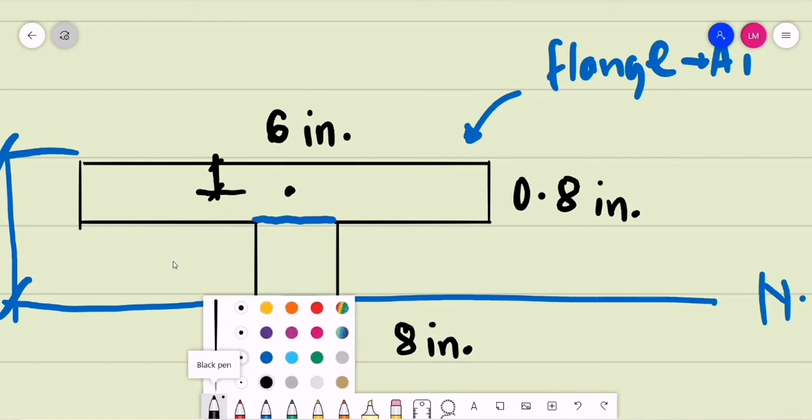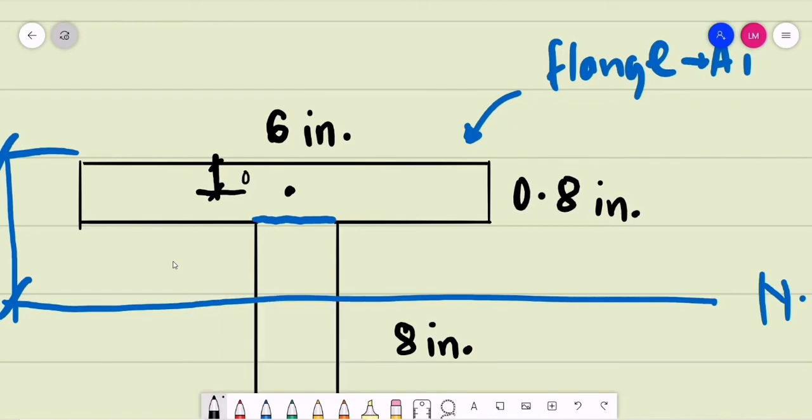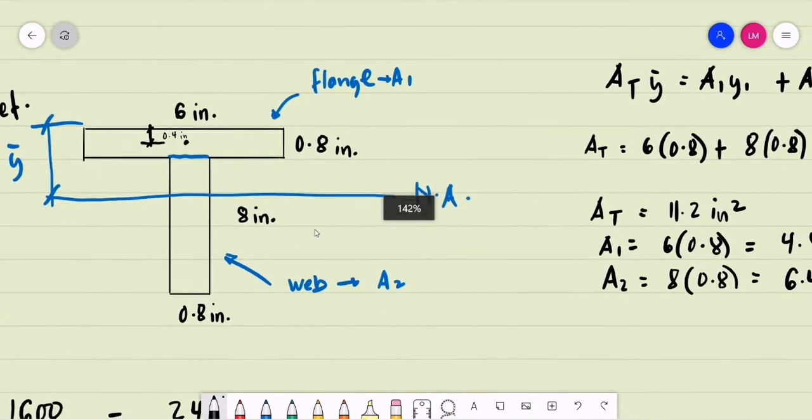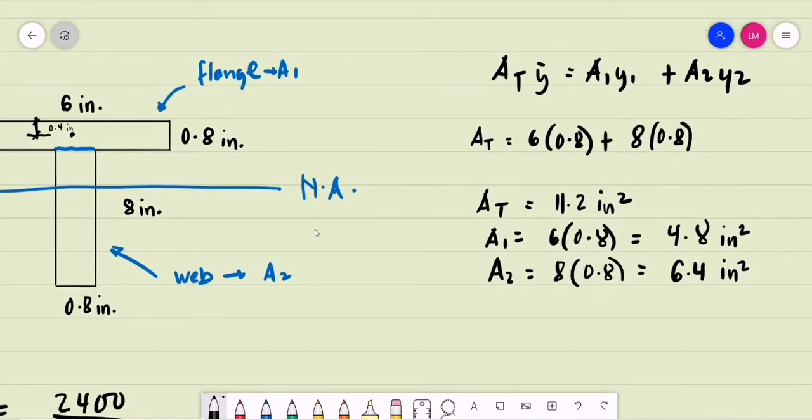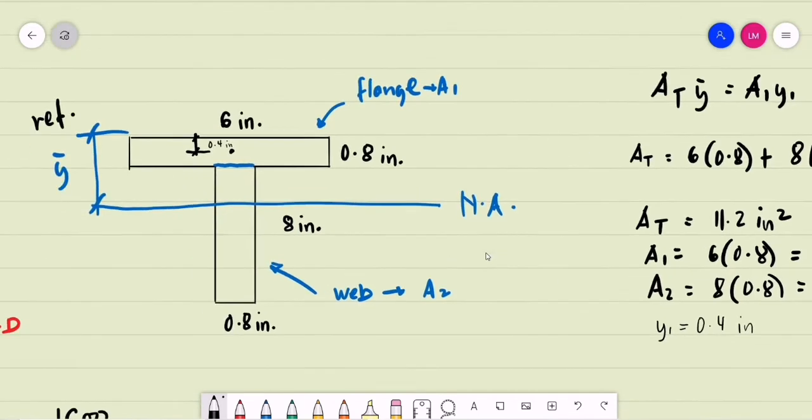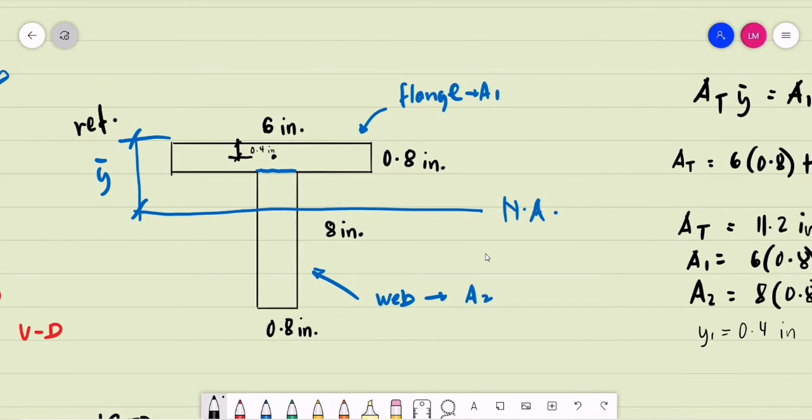That is obviously half of 0.8, so 0.4 of an inch. So y1 is equal to 0.4 inch.